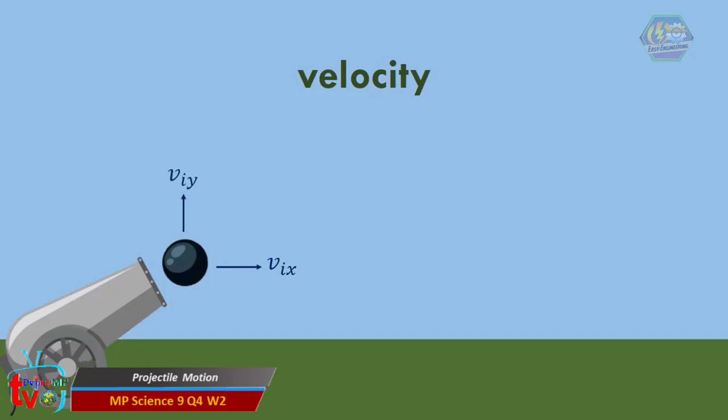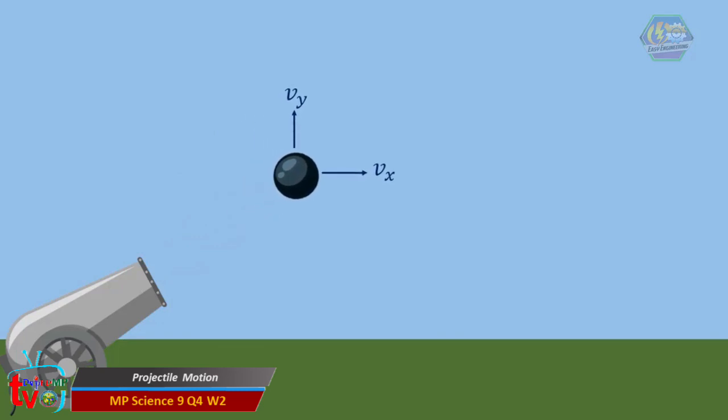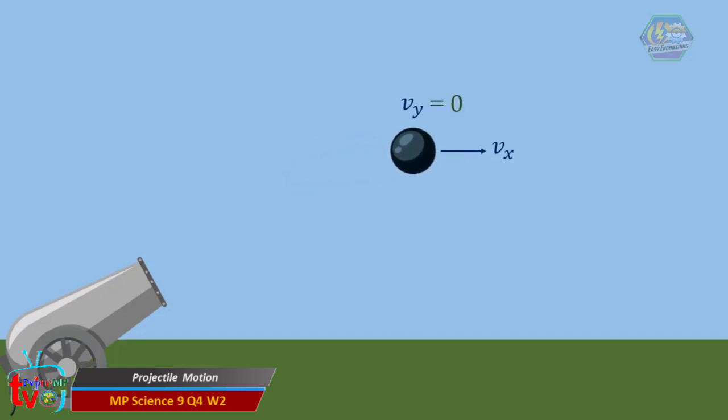This means that the cannonball is moving upward while moving to the right. When the cannonball moves upward, the velocity in x direction is constant, while the velocity along y direction is approaching 0. When the velocity along y direction is equal to 0, the cannonball is at its maximum height from the ground.